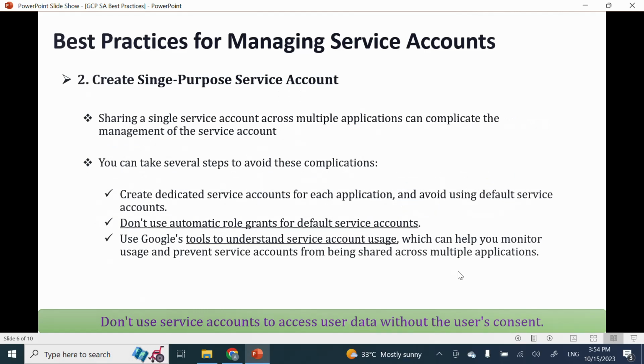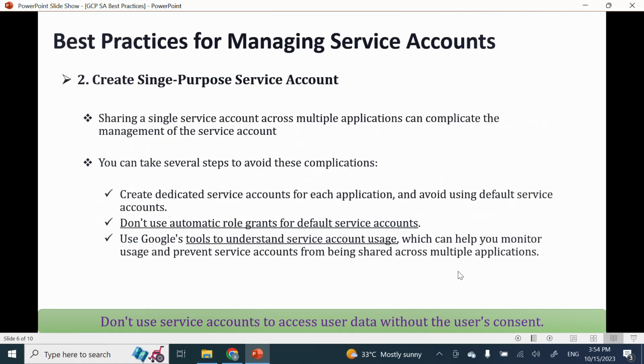Best practice number 2. Please create single purpose service accounts. Sharing a single service account across multiple applications can complicate the management of the service account for you. So, you would need to take several steps to avoid these complications.